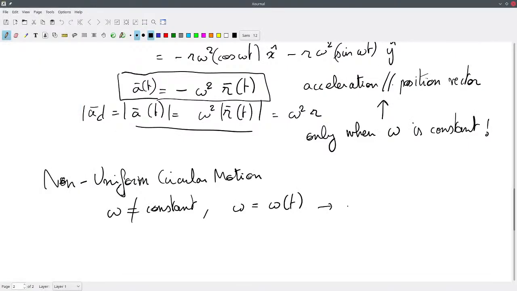So v is going to be a function of the time. The speed is not constant anymore. And what I mean here is that v is the magnitude of v(t). That will be a function of the time, right?